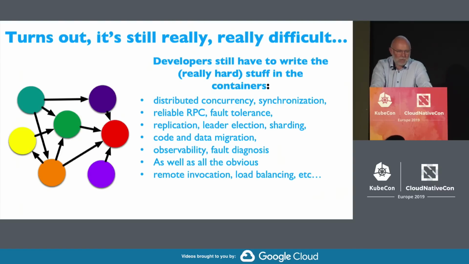So the kinds of problems that people run into very frequently are things like distributed concurrency, synchronization. How do you make unreliable networks look reliable from a remote procedure call point of view? How do you handle faults, disconnections, reconnections, retries, leader elections, sharding for horizontal scaling?